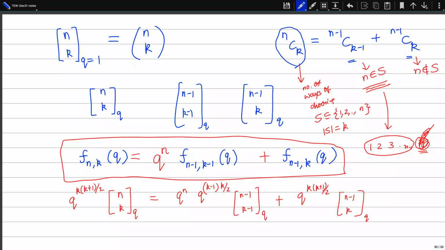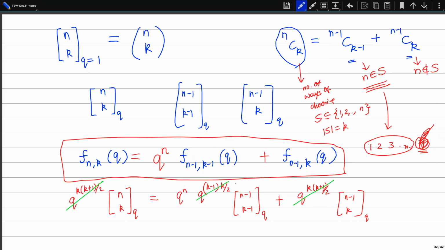Okay, and so observe I can cancel off the q to the k into k minus 1 almost. This cancels, this cancels. Well, this also cancels here, except what will I be left with? So observe k into k minus 1 by 2 is only the sum of 1, 2, 3 till k minus 1. Whereas what I'm cancelling off is the sum of numbers from 1 to k.